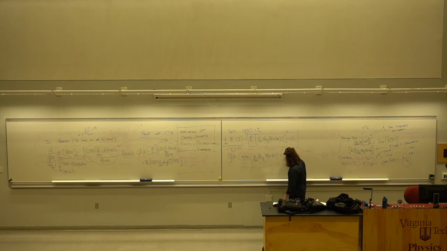This right here is just the expectation of Wx times the derivative of the logarithm of f of x given theta, minus the expectation of Wx times the expectation of the derivative of the logarithm of f of x.